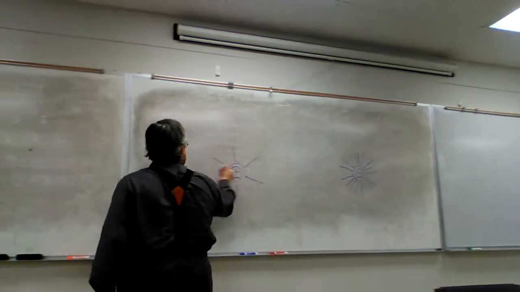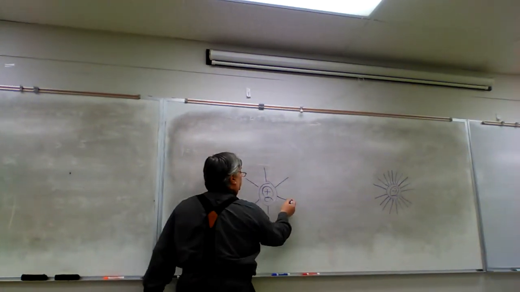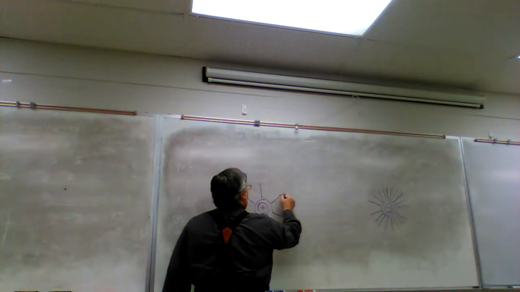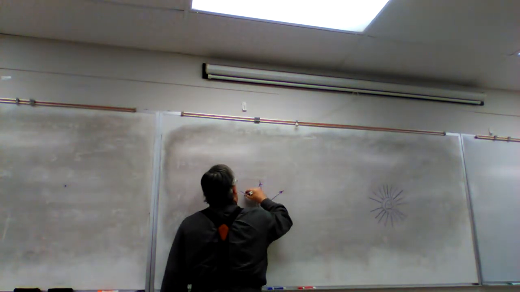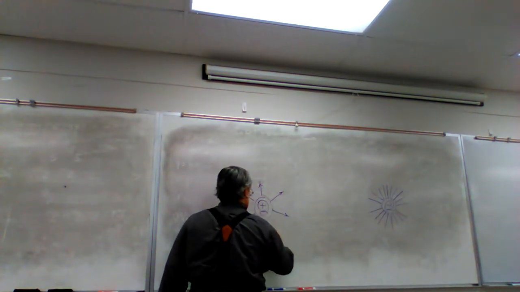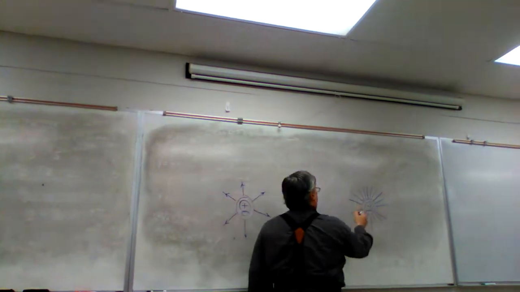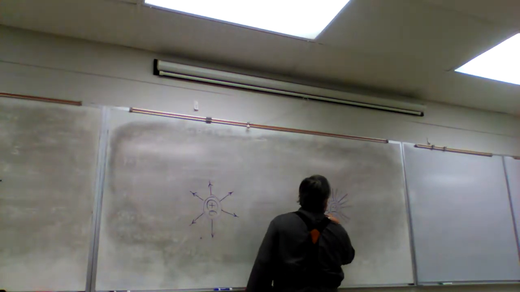Now, because this one is positive, all of the lines are pointing away from it. And because this one's negative, all of them are pointing towards it.